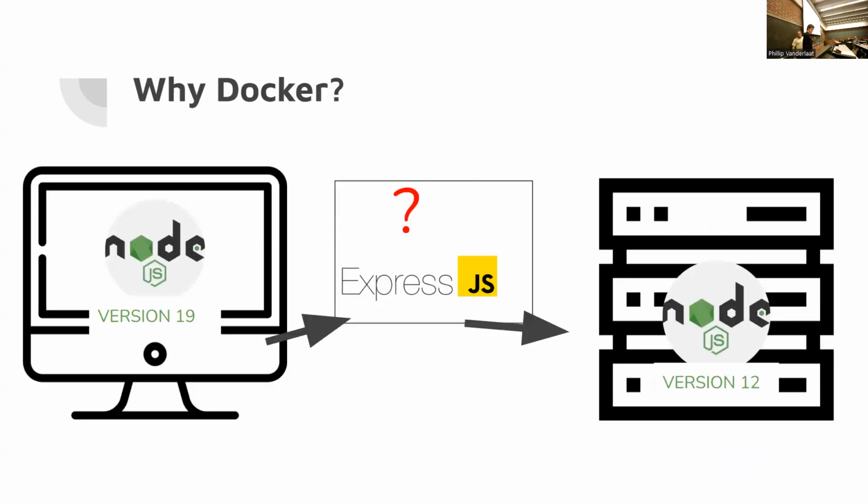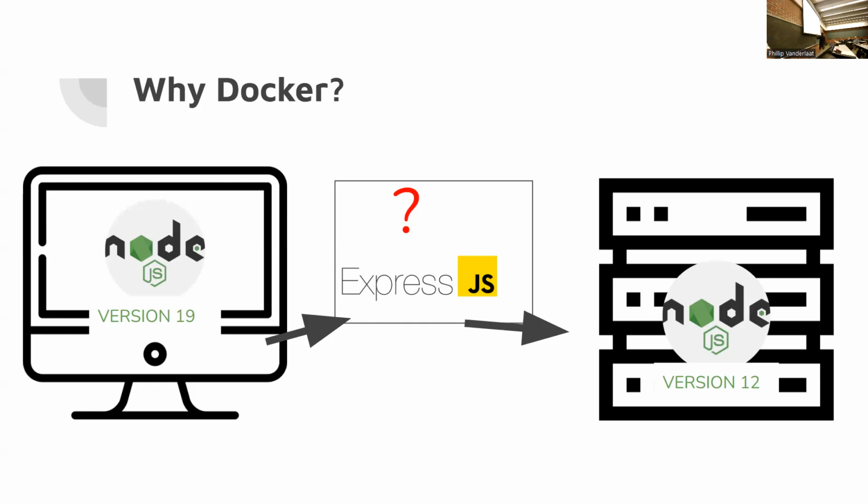Okay, so I kind of went into this before, but as far as the actual purpose of using Docker, imagine you are developing an application that runs on Node version 19. Maybe this is the most up-to-date version. And you're trying to set it up on a server that is only running Node version 12.